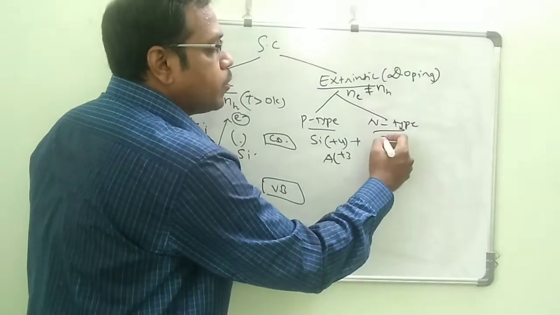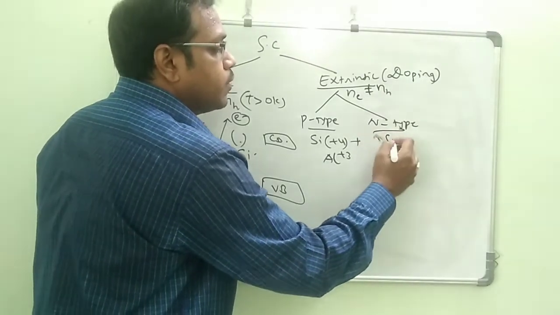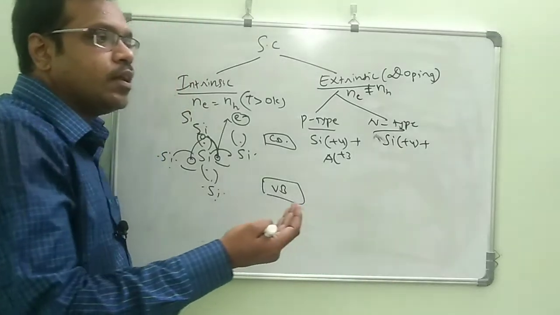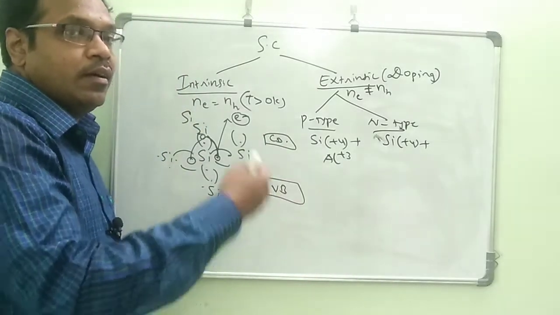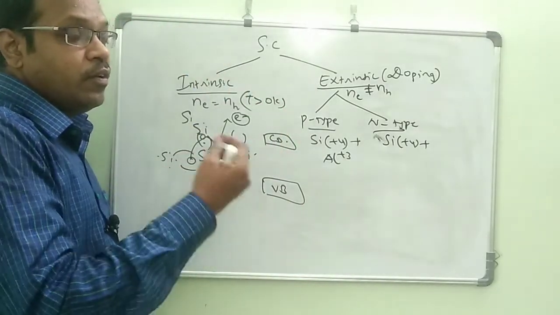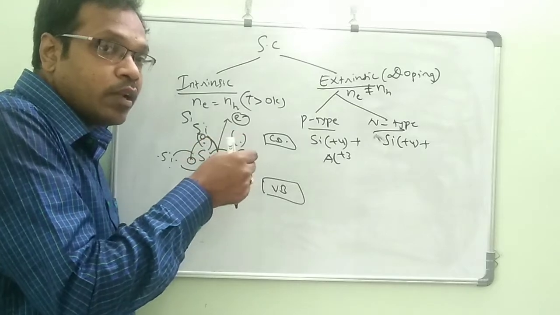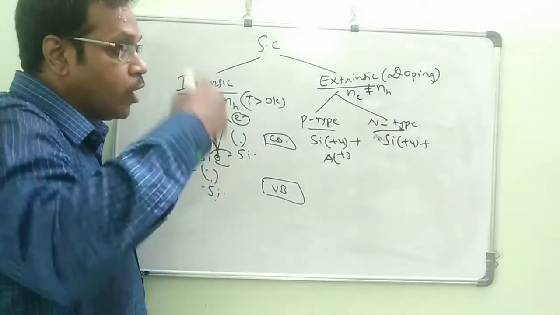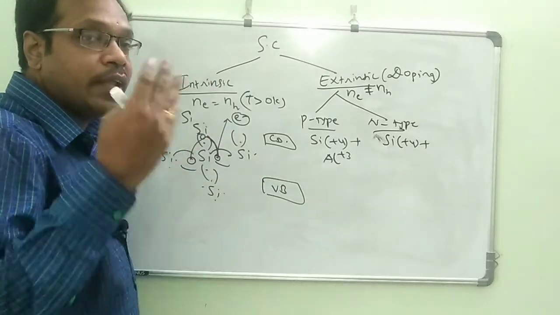Next, N-type semiconductor. Suppose you take silicon when it is doped. Doping is nothing but we have to add impurities, but if we add only a small number of atoms, the purity of silicon will not be damaged. So I'm having aluminum atoms, I should not keep on adding.